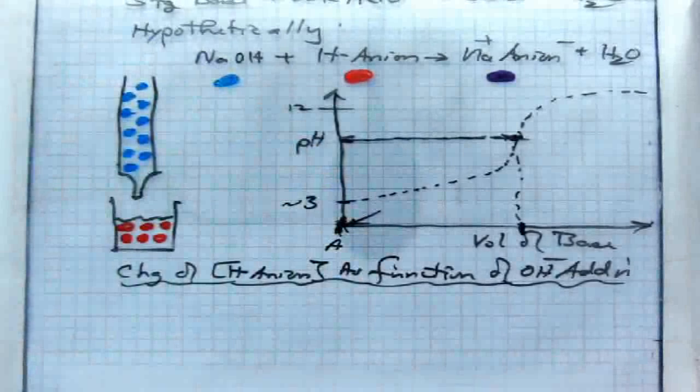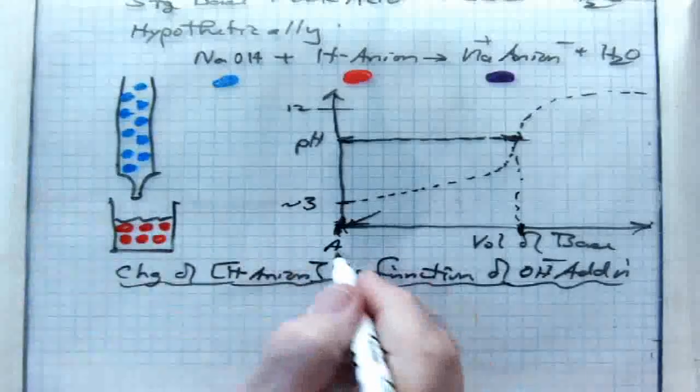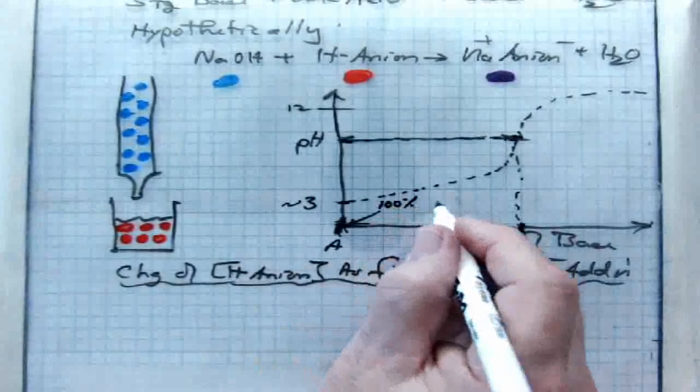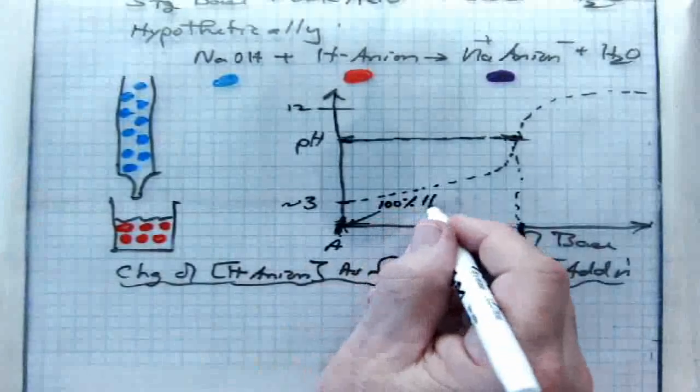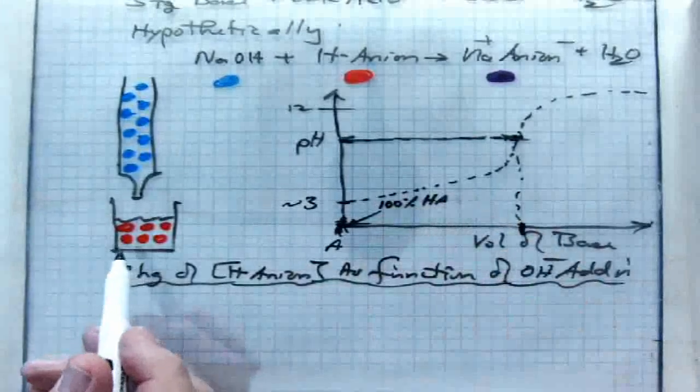How much acid do we have in the beaker? This is very important that you see this, or you're just going to waste your time in the lab. At the equivalence point, how much acid will be in the beaker? Zero. Does everyone clearly understand that issue? If you don't, this is zero acid at that point.